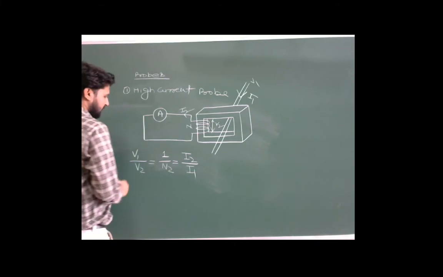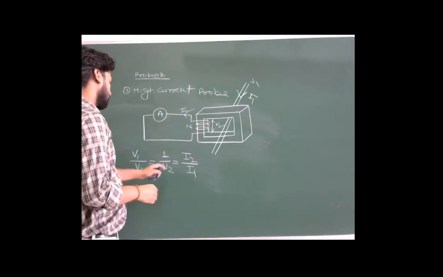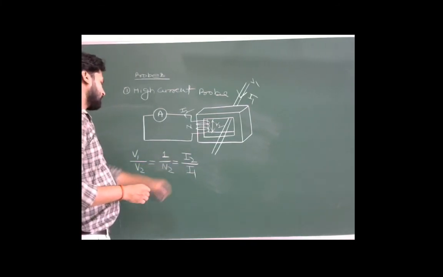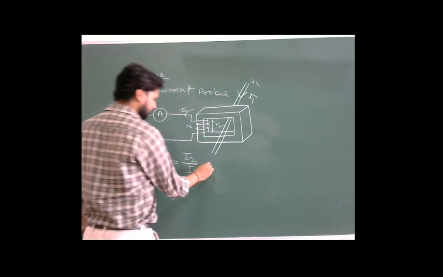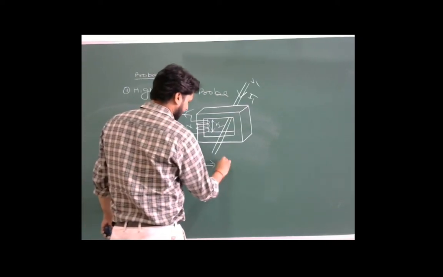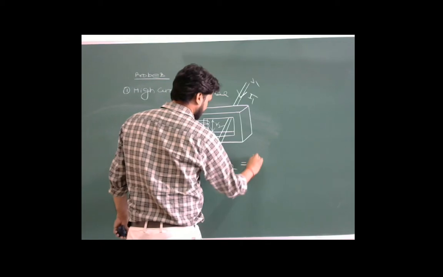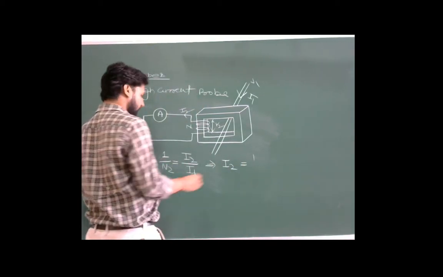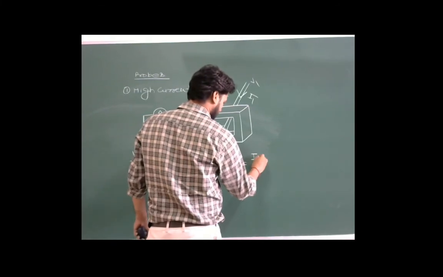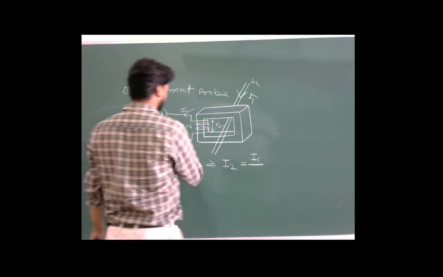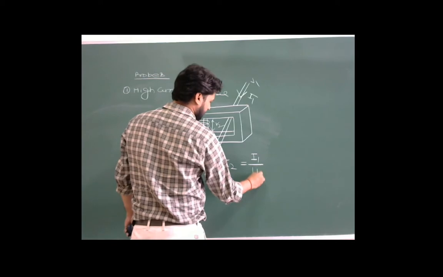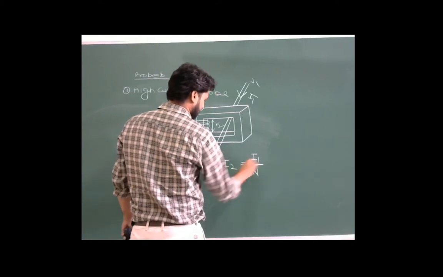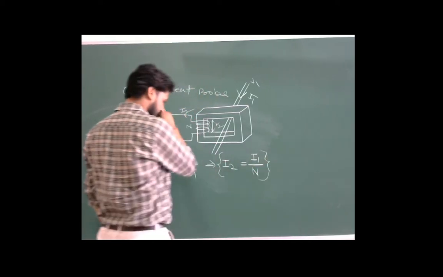So we can put 1 here in place of N1. In this case, we can find out that the value of current I2 is equal to I1 by N, where N is in place of N2.